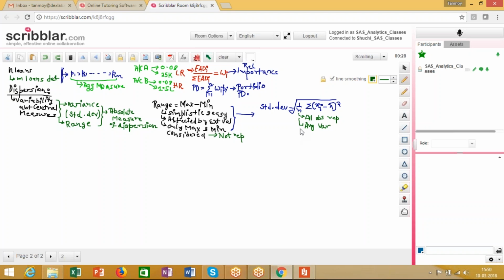And the third is that it reports the deviation from the mean value.